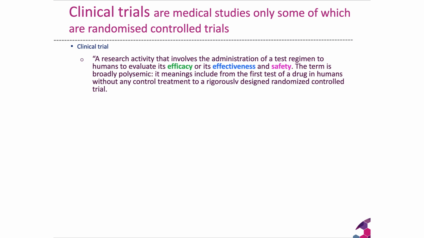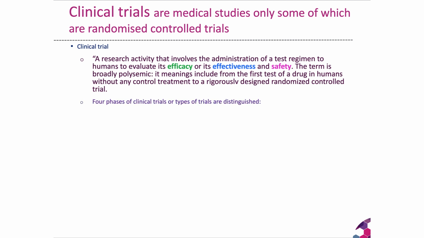The term is broadly polysemic. What that means is it includes things that are not randomized controlled trials, for example, the first test of a drug in humans without any controlled treatment, right up to a very rigorously designed randomized controlled trial. So clinical trials are not always randomized controlled trials.